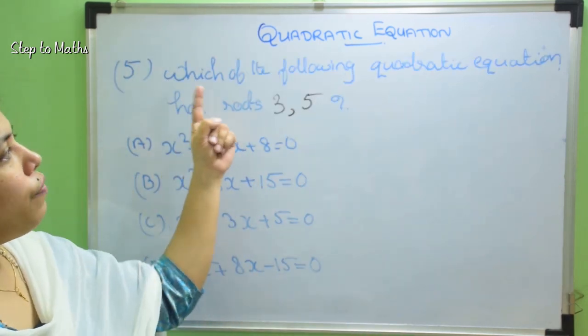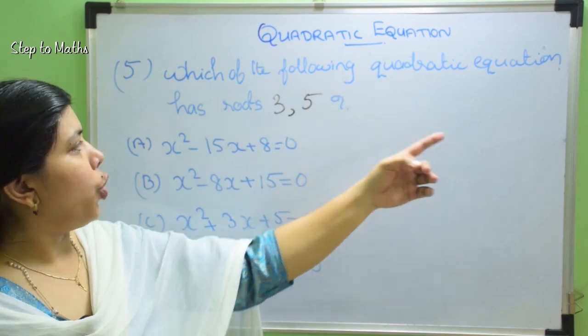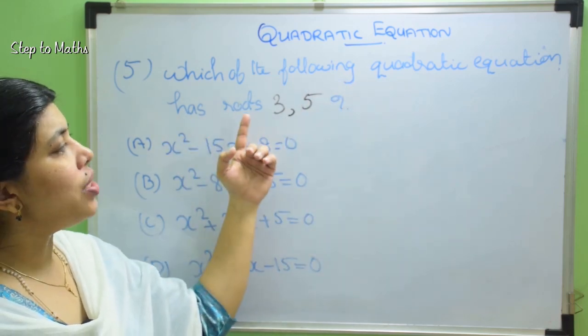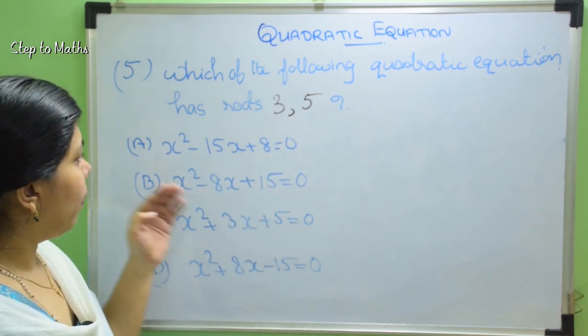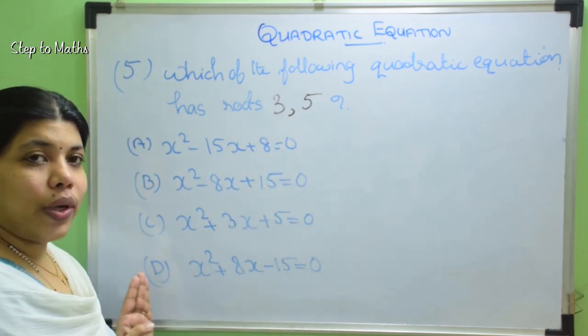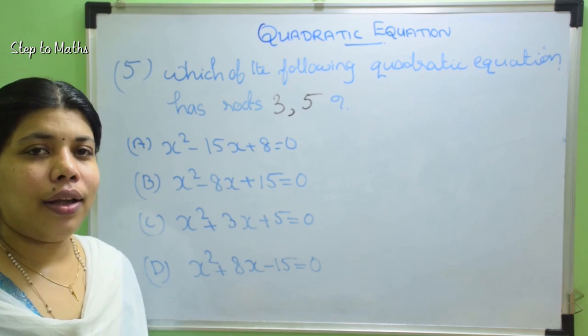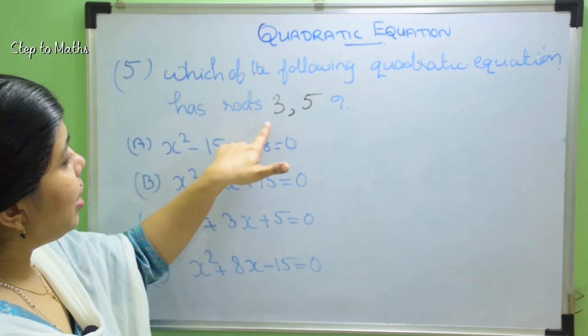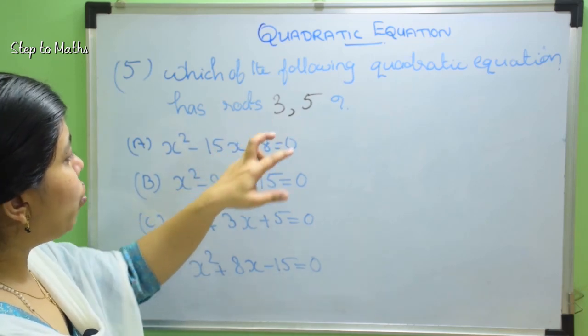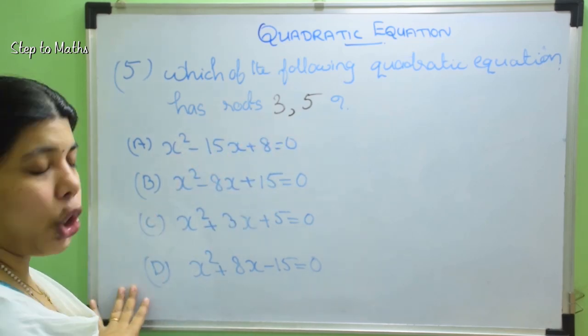Fifth question. Which of the following quadratic equations has roots 3, 5? Four quadratic equations are given. We have to find out these roots are the roots of which quadratic equation.